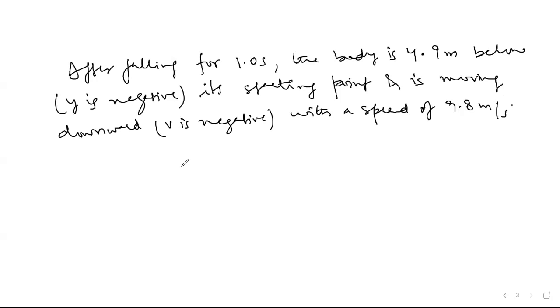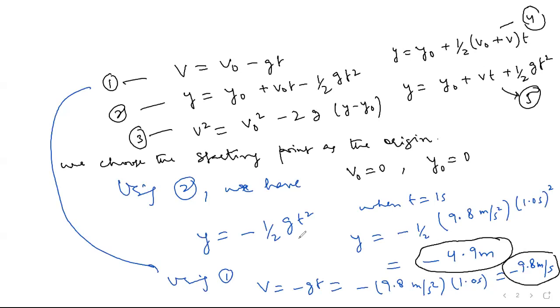We can continue in this way and find positions at t is equal to 2, 3, and 4 seconds, and also velocities. In second situation, what you have to do, you have to put t is equal to 2 second in here. You will get position at t is equal to 2 second, then put t is equal to 2 second in this equation. You will get velocity at t is equal to 2 seconds.